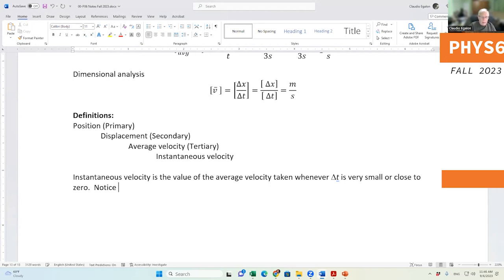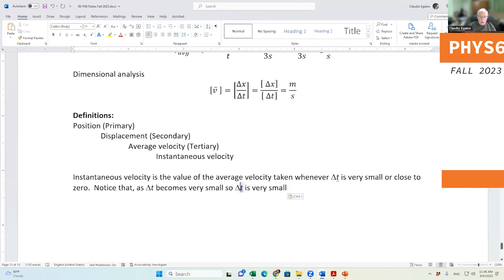Note that as delta t goes to 0, as delta t becomes very small, so delta x also becomes very small.